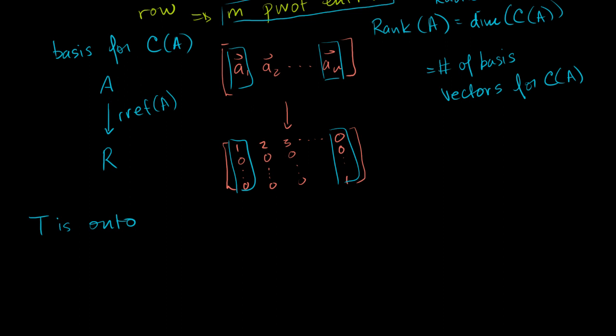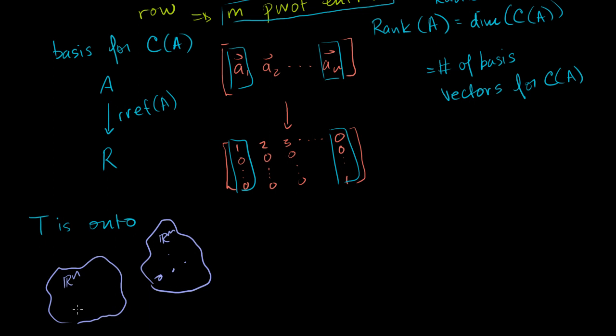And another way of saying that is that if you have your domain here, which was Rn, and you have your codomain here that is Rm, every member of Rm can be reached by T by some member of Rn. That you apply any guy here, there's always at least one guy here that if you apply T to it, you get right there. There might be more than one.